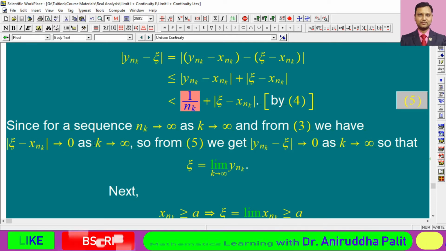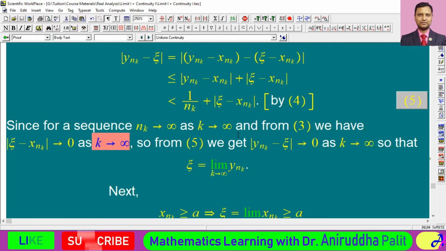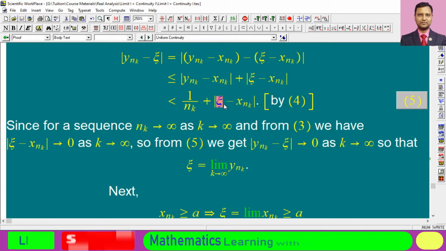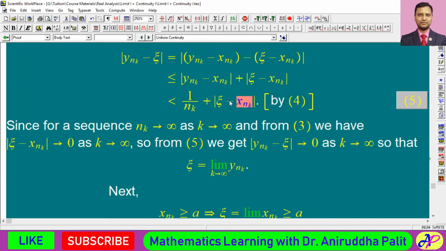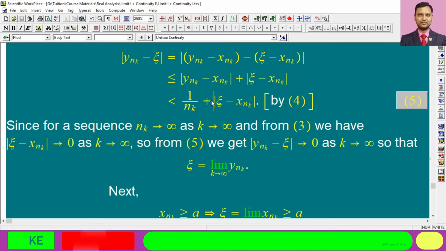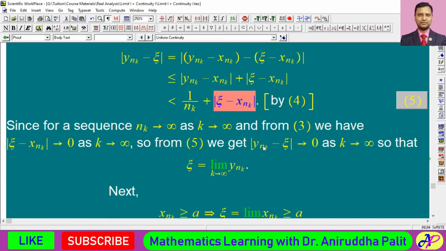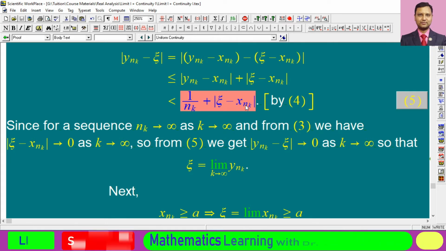Again, as k tends to infinity, xnk converges to xi, and therefore this difference should also tend to 0. Therefore, in any case, this right hand side would ultimately tend to 0 as k tends to infinity.